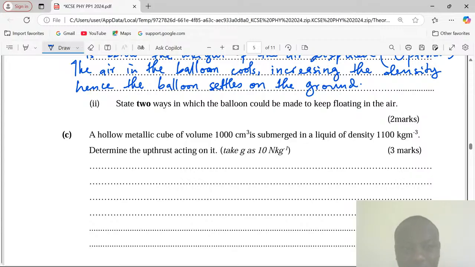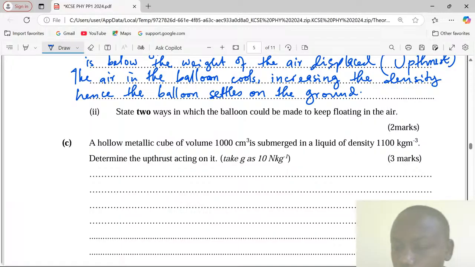Again, state two ways in which the balloon could be made to keep floating in the air. Remember, it is coming down because at some point the air has cooled. So if we keep the air hot inside the balloon, then it is going to remain lighter and hence it will keep floating.